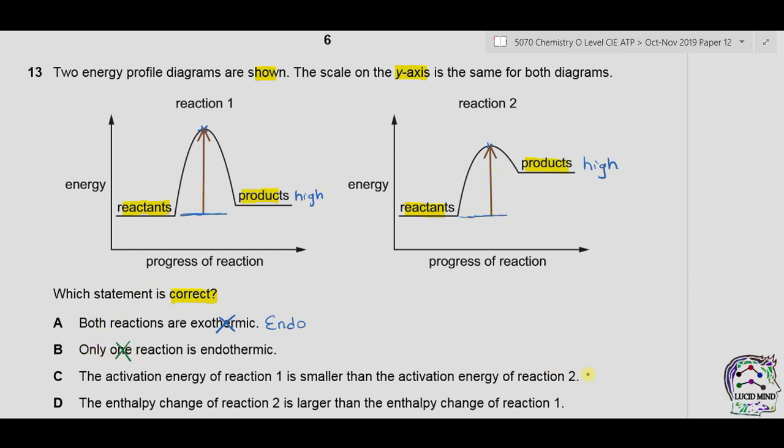So C is also incorrect. D. The enthalpy change of reaction 2 is larger than the enthalpy change of reaction 1. Now the enthalpy change is the energy difference between the products and the reactants. So we can see that this much is the difference between products and reactants in reaction 1. While in reaction 2, the difference between products and reactants, which is enthalpy change, is quite high. So statement D is correct. The answer is therefore D.